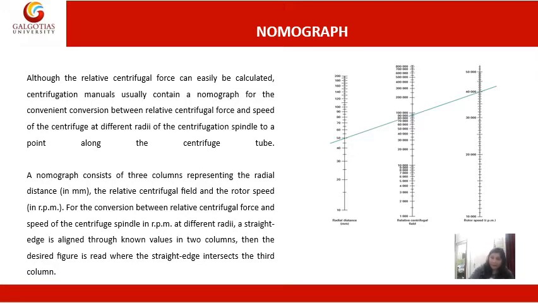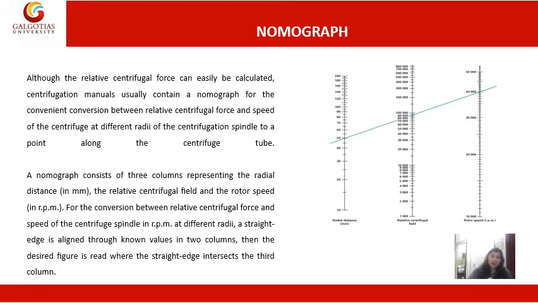So what will we do? We will just draw a straight line that crosses this 50 and this 90, and on the third column this will intersect at a point for the RPM. The point where this straight edge intersects the column of RPM is the required RPM to get the RCF of 90,000. I think this is clear to you.